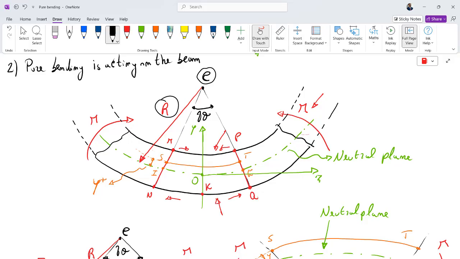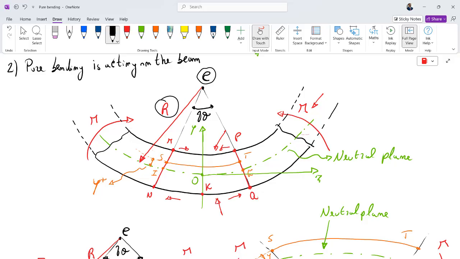We can also make important assumptions. The first assumption is that the bending stress is such that the cross sections are not deformed after the stress due to bending, and these cross sections remain planar and normal to the longitudinal fiber of the beam.